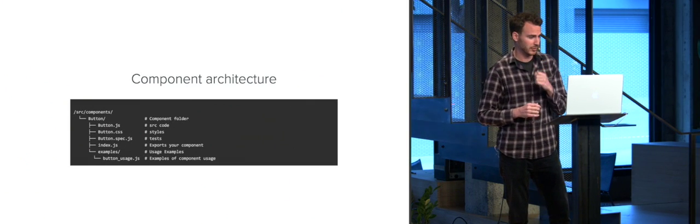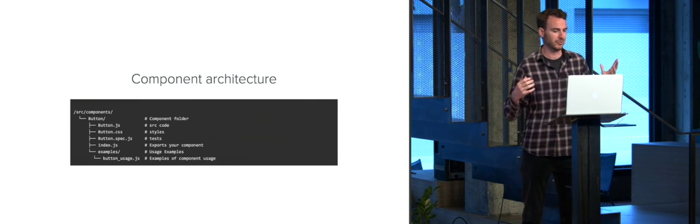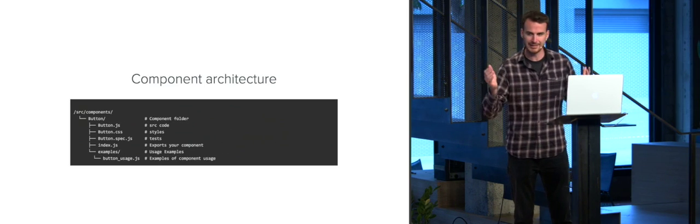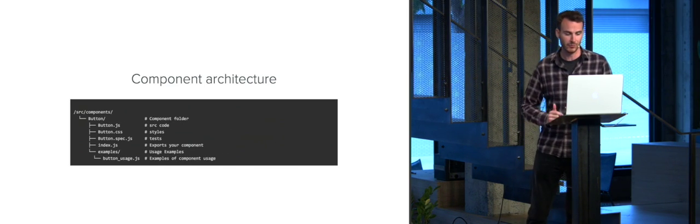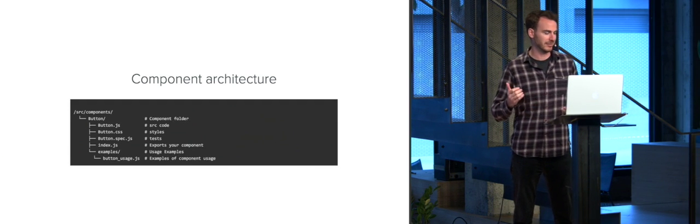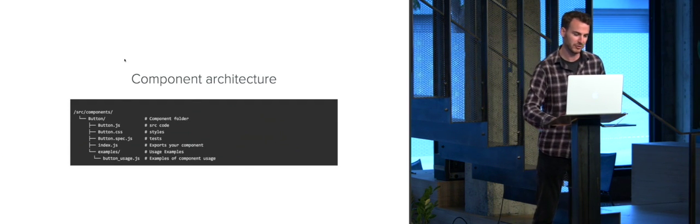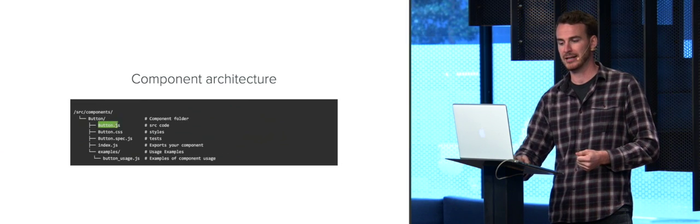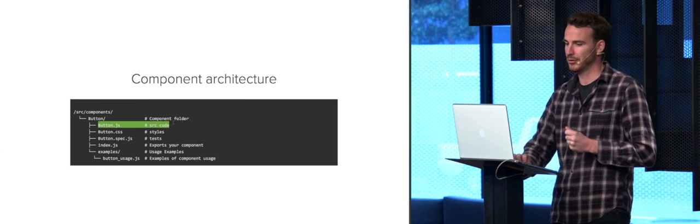So this is our typical component architecture for our component library and in individual projects as well, where there'll be a folder of components, and this is the button component. We have the JavaScript file, which is the actual React source code, creating that component class.